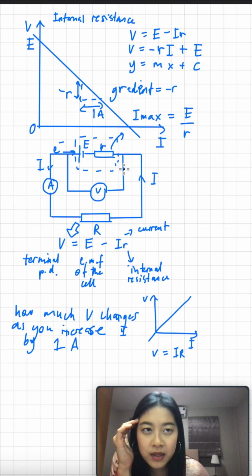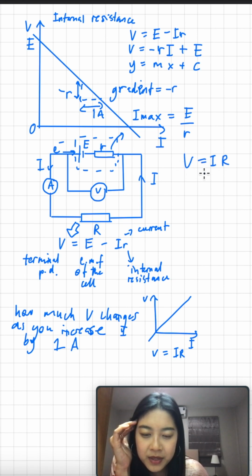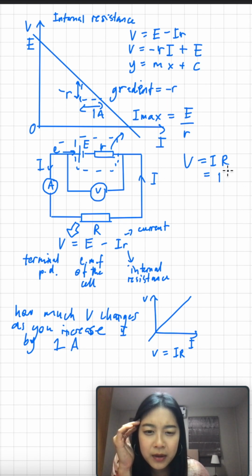Then if you think about how much energy is going to be lost to this internal resistance, because V is equal to IR, it will be equal to 1, the extra amount of current that you now have, multiplied by the small r, which is equal to small r.